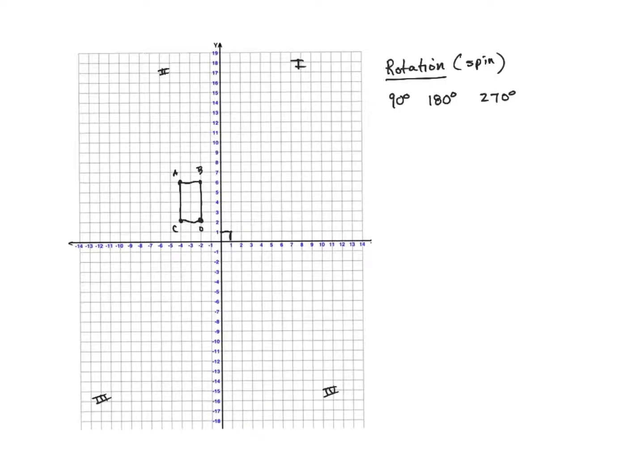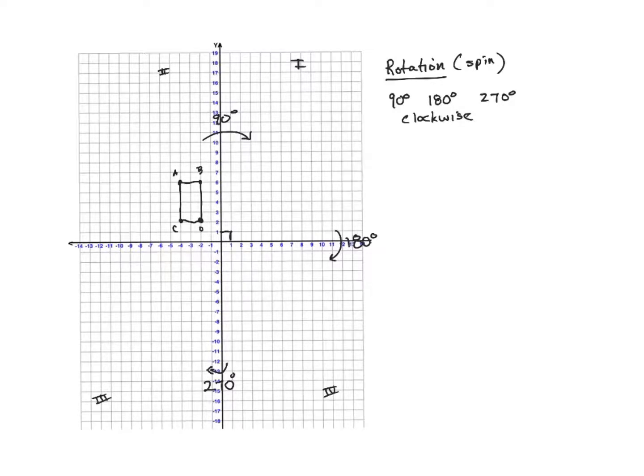So if I'm shifting an image 90 degrees, I'm going one quadrant over. If I'm going 180 degrees, I'd be going to this quadrant. And if I was going 270 degrees, I would end up in the third quadrant here. Now, this was shown to you in a clockwise motion, which means I'm spinning more towards the right.